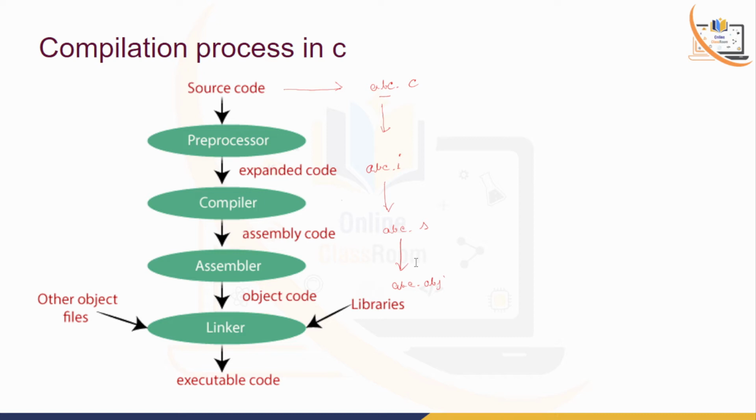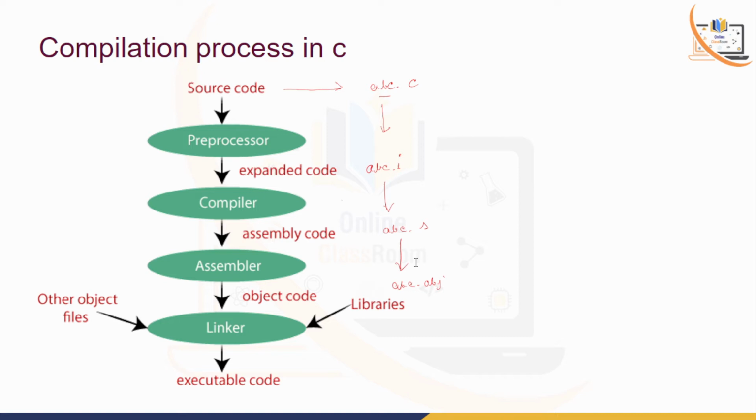And here the work of the linker is mainly to join the pre-compiled object code of those library files, with the .lib extension, right? The main working of the linker is to combine the object code of library files with the object code of our program.